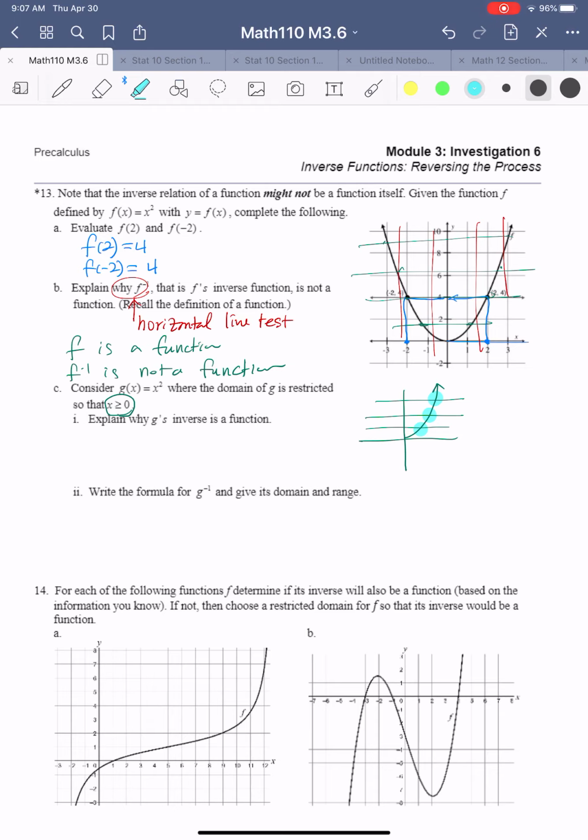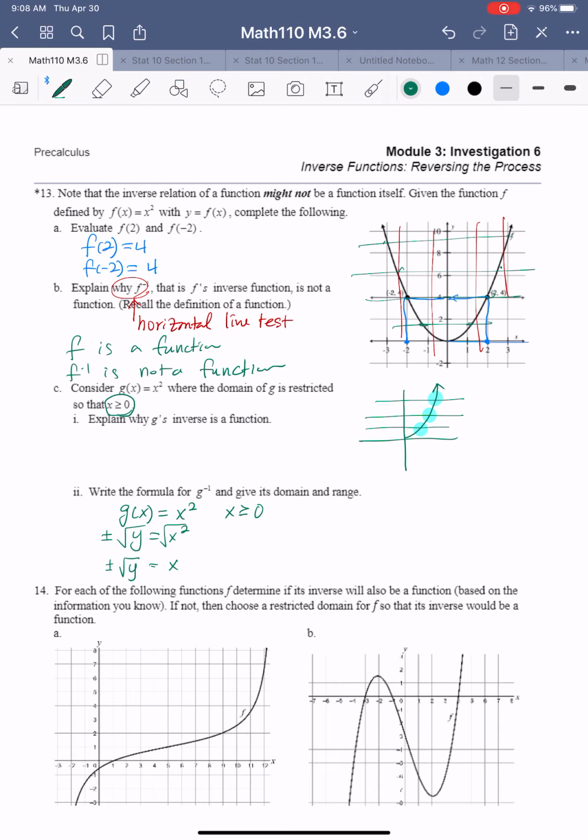And then write the formula of the inverse and give the domain and range. So g of x equals x squared, right? But we only use x greater than or equal to 0 this time. If you find the inverse, y equals x squared, and then solving for x, if you put the square root on, it's a plus or minus, so x equals plus or minus the square root of y.